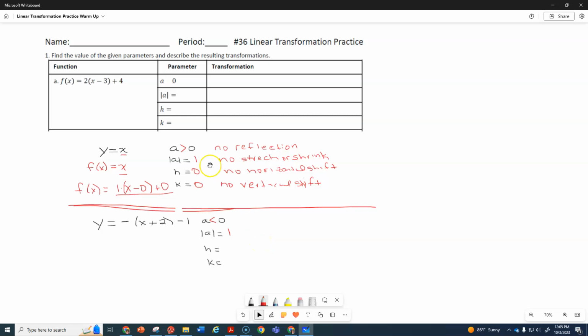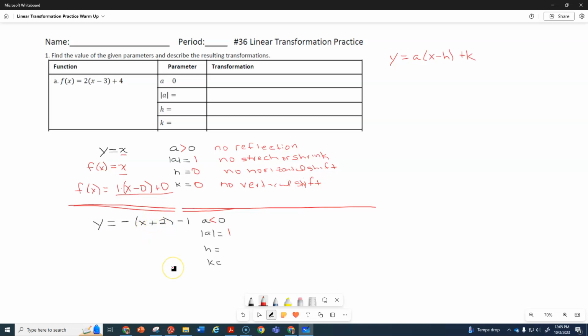And the h, because we see, remember the formula, let me write the formula down. The formula is y, or f of x, equals a times x minus h plus k. So the formula says minus. So whatever we see right here, we know the value of h is the opposite of what we see.